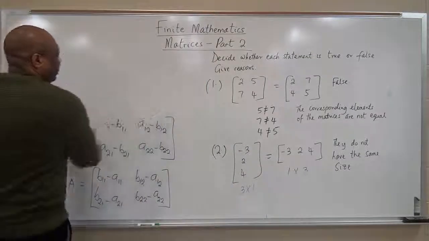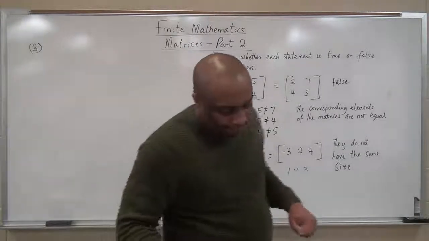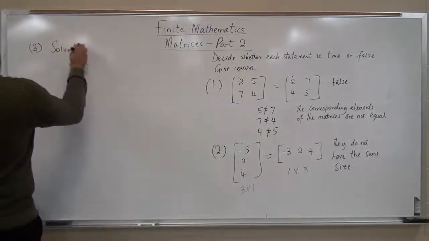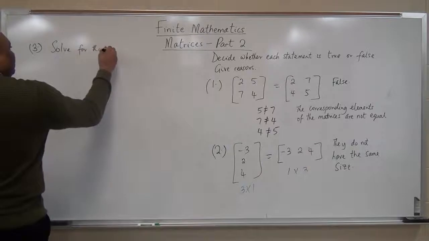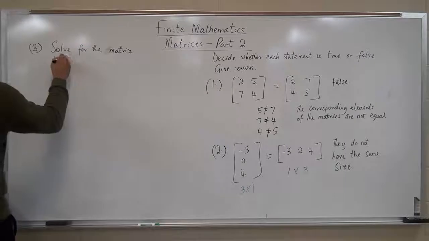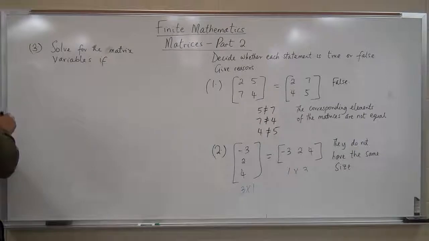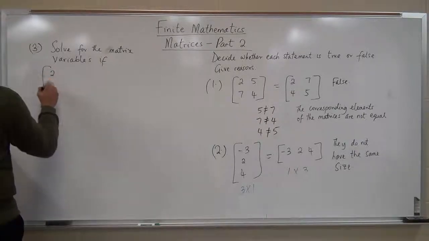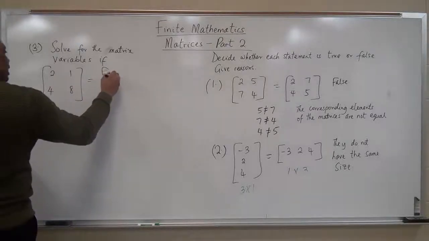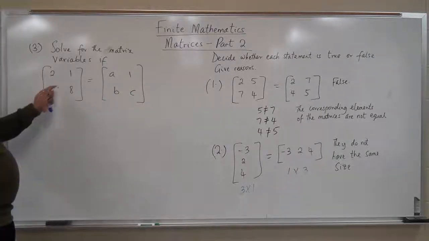Okay, next question. Question 3. Solve for the variables. Solve for the matrix variables. If you have 2, 4, 1, A is equal to A, 1, B, C. They want you to solve for the variables.